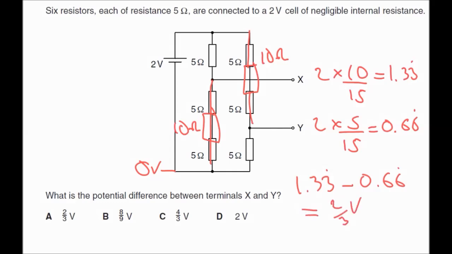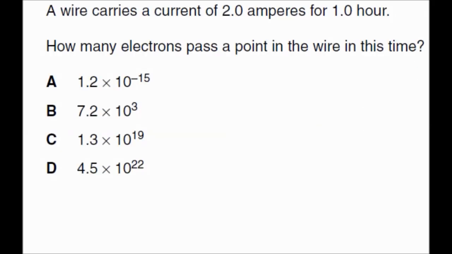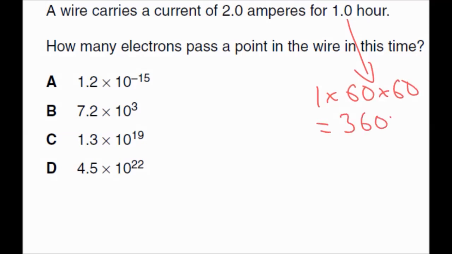A wire carries a current of 2 amps for 1 hour. How many electrons flow past a point in this time? Well, we've got 1 hour, which is 1 times 60 by 60, which is 3,600 seconds. Then we need to know what charge flowed in that time. So Q equals IT.